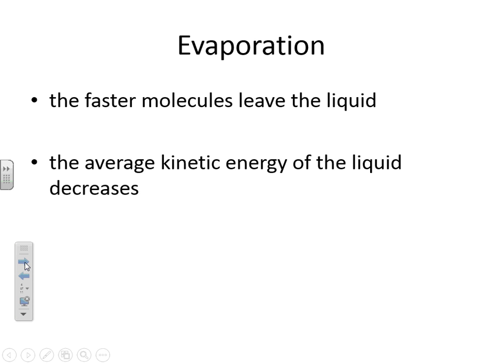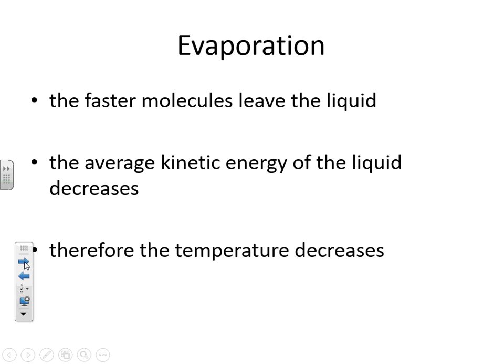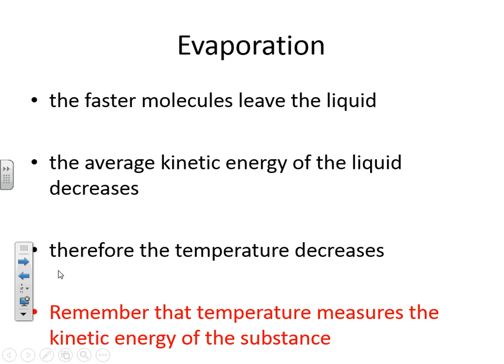Now remember, kinetic energy is the energy of motion, and you might remember that temperature measures the kinetic energy of the liquid. So because the kinetic energy decreases of the liquid that's left behind, the temperature decreases. So I have written, remember that temperature measures the kinetic energy of the substance.